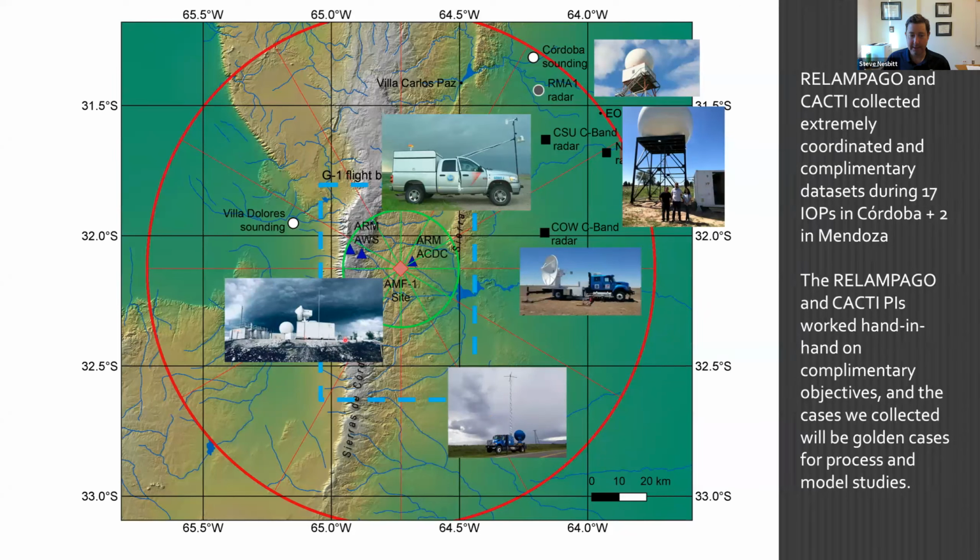The DOE site had a suite of about 85 different instruments, including 3-frequency radar, wind profiler, surface fluxes, aerosols, LIDARs, etc. And then these are pictures of the fixed radars. One of them was deployed by Argentina up here at the top in Cordoba. And then down here is the CSU C-band radar. And there's me and two Argentine collaborators there.